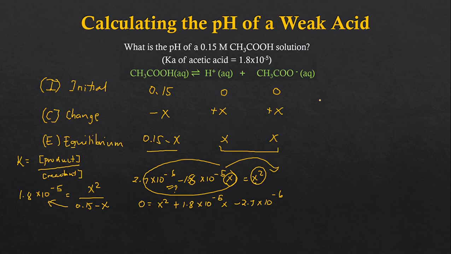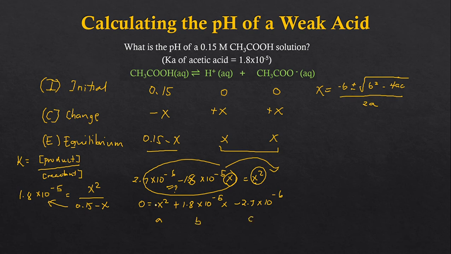And again, the formula for the quadratic equation is x is equal to negative b plus or minus the square root of b squared minus 4ac all over 2a.